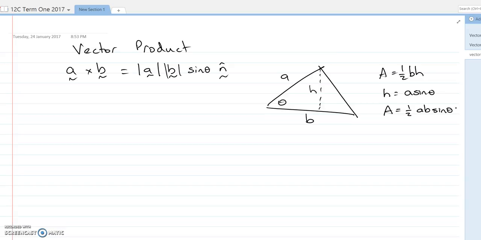Okay, so you may or may not recall that formula. But if you look at that formula and then you look at the cross product formula, they are a little bit similar.